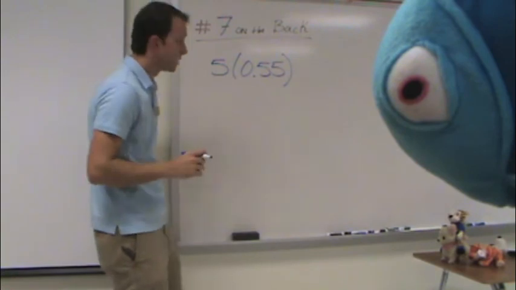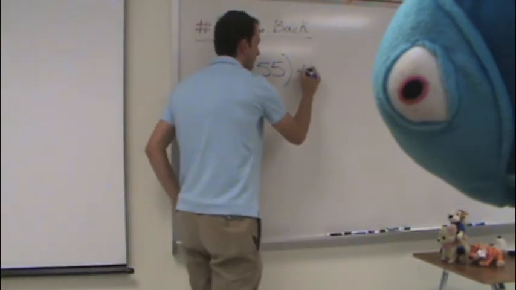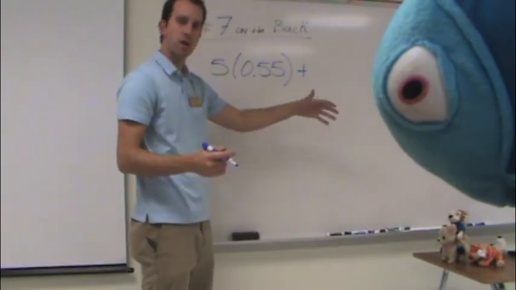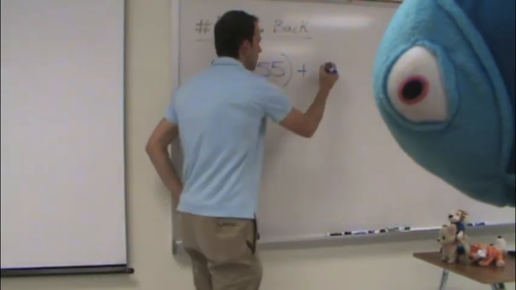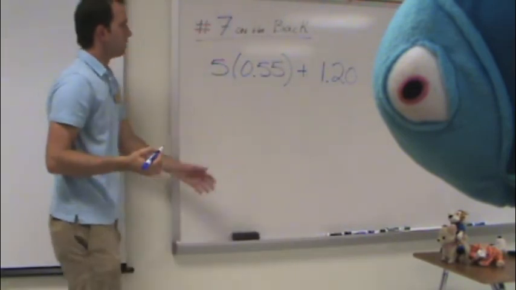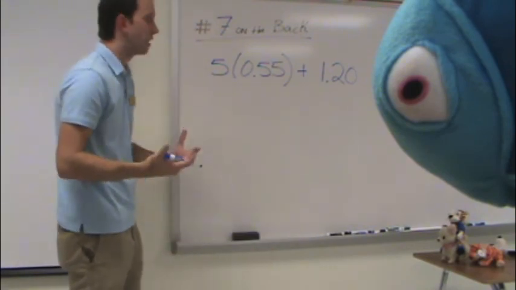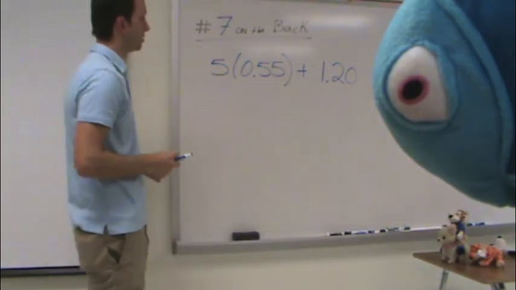He also buys a set of postcards for $1.20. When we are adding to the price, of course, we're going to add some more. Just buying 1 set of postcards for $1.20. Now we have our nice order of operations expression. Now we can evaluate it or simplify it to come up with an answer.